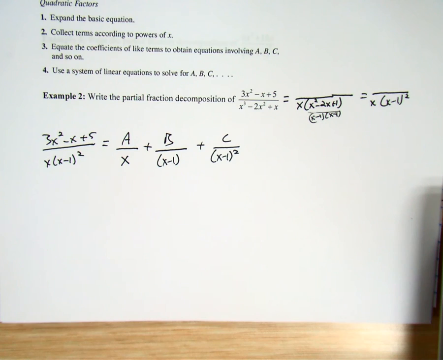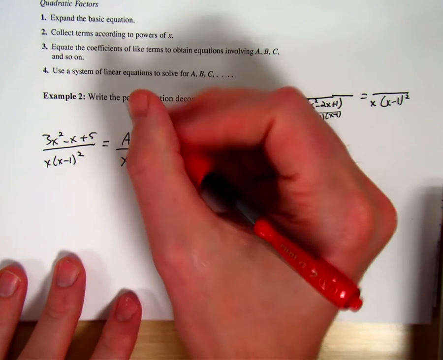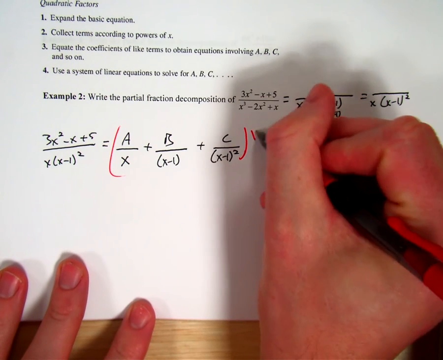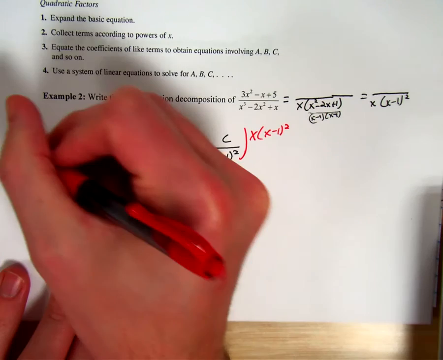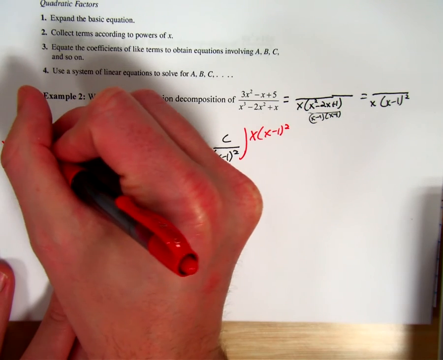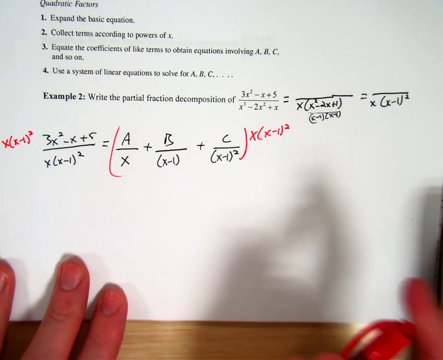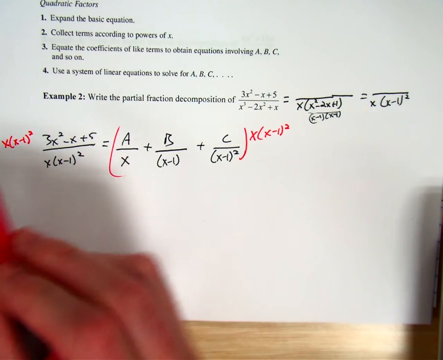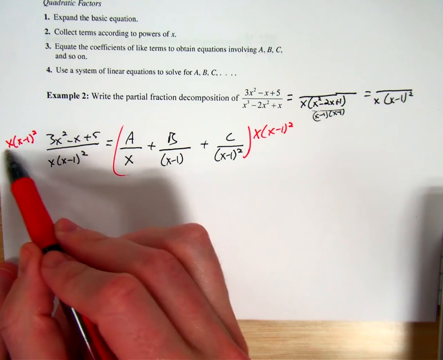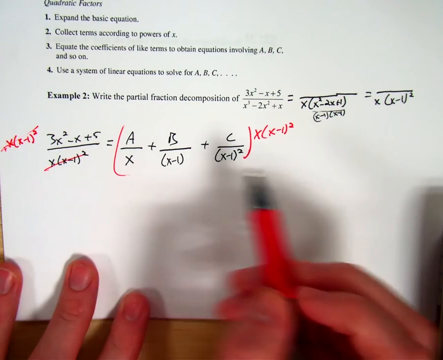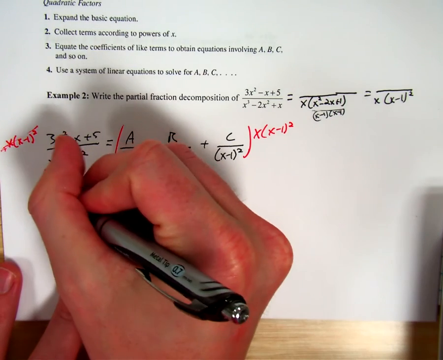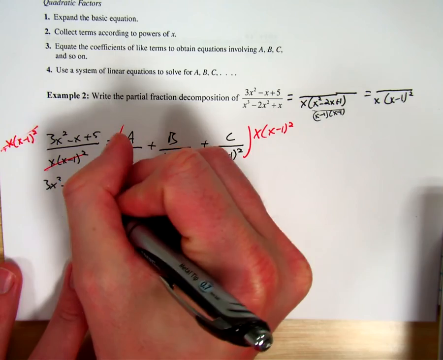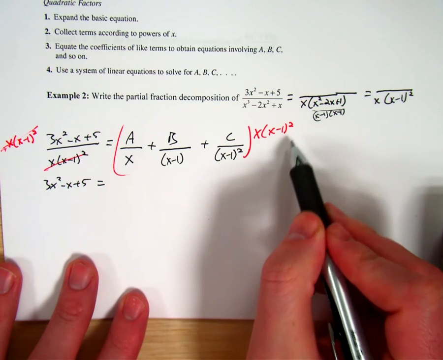Okay, now we're going to multiply both sides by our denominator, x times x minus 1 squared. Okay, we just cancel over here. We have a nice 3x squared minus x plus 5. Okay, now we have to think over here.